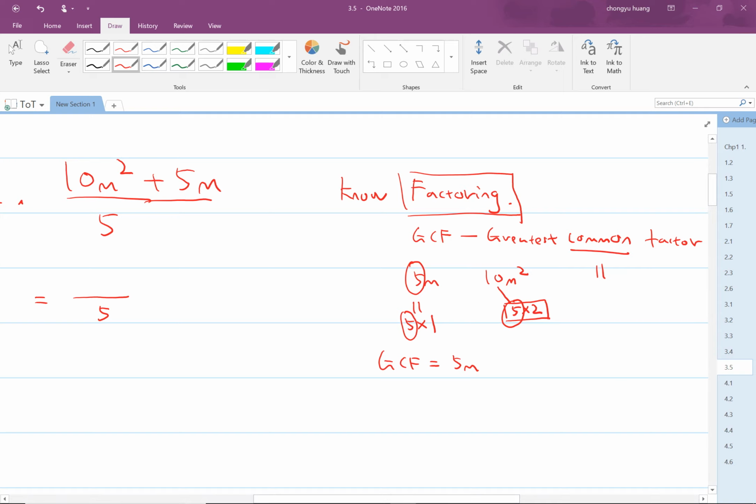So common means the number has to be in both of them, and greatest, as the word says, means it should be the biggest. 5 is equal to 5 multiplied by 1, and 10 is equal to 5 multiplied by 2, and 5 is the greatest and appears in both numbers.